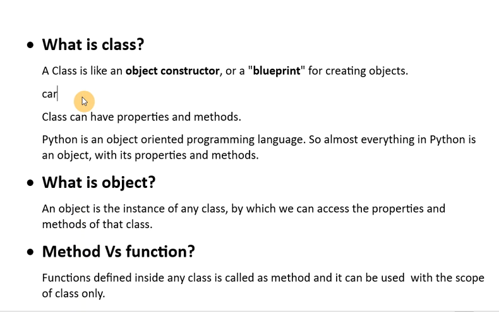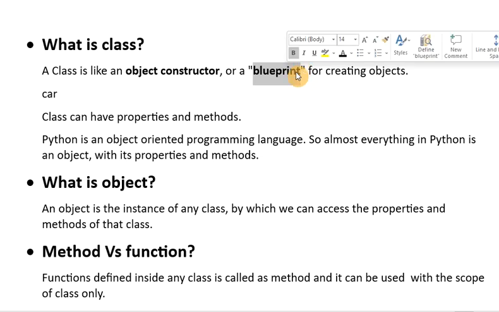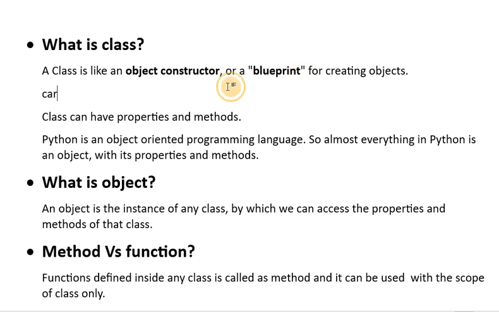In our programming, we are going to create one class. That class is nothing but the blueprint, which is going to have all these three things: identity, state and behavior. We are going to define all those things inside the particular class.